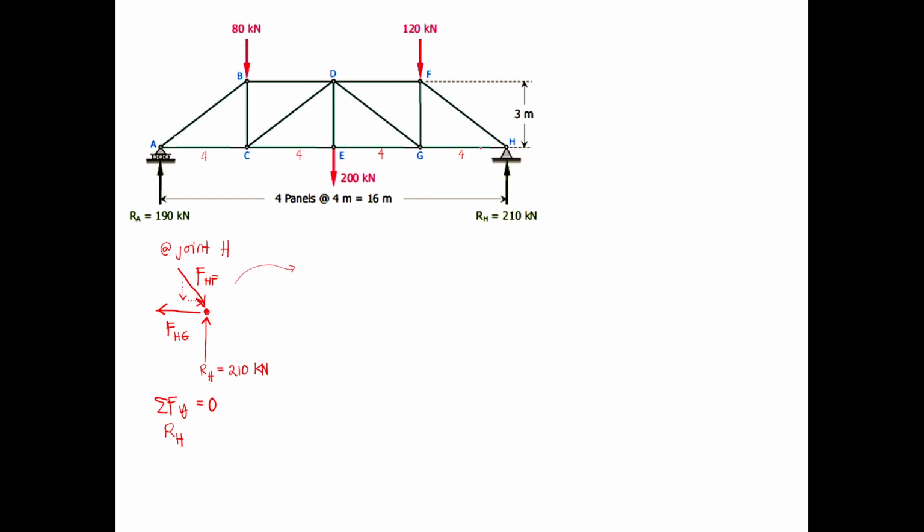This one is 3, 4, 5 triangle. If we draw the different components of force HF, this one is force HF, this one is HF vertical, and HF horizontal.